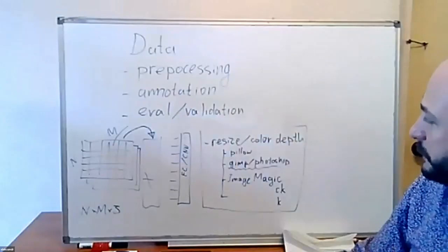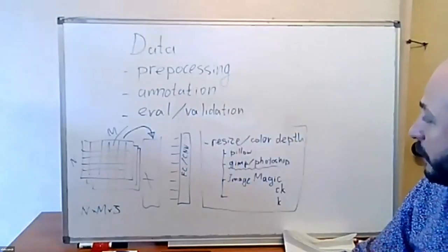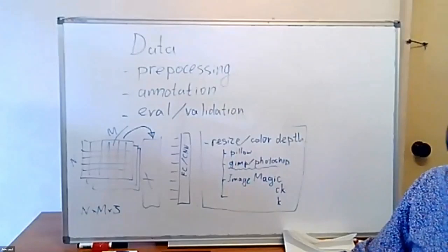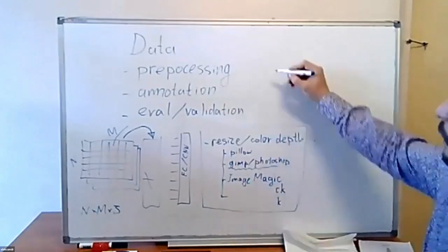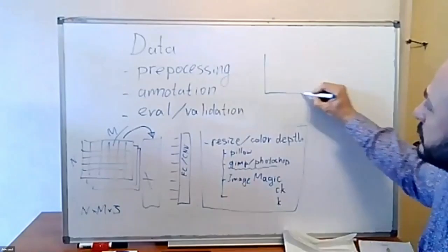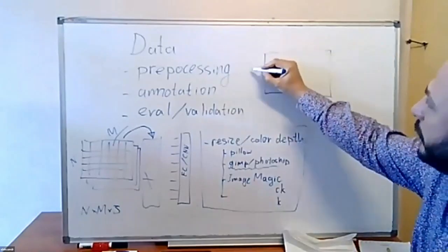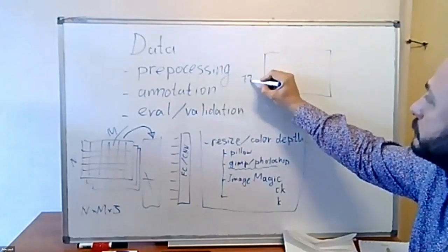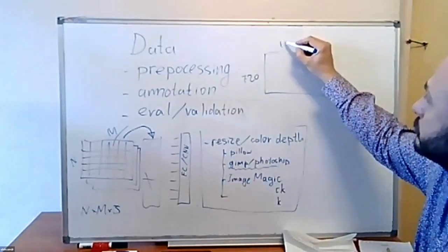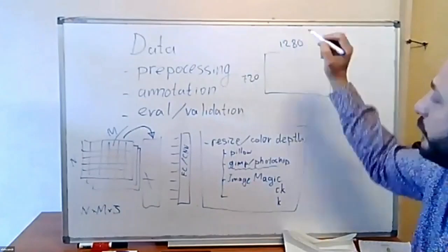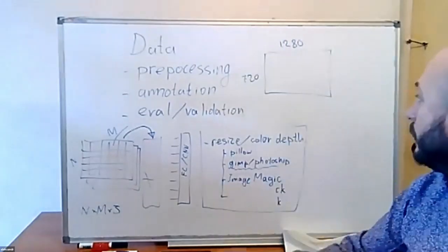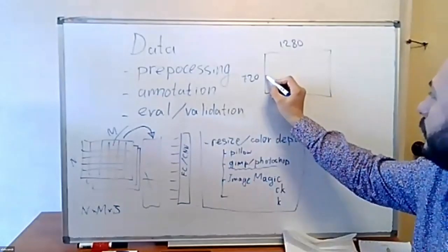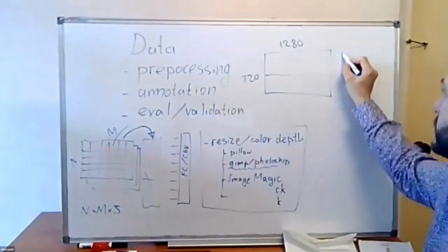In addition to that, we also need to think of a situation. If, let's say, we need an image of this resolution, for example, but instead we have an image of this resolution.